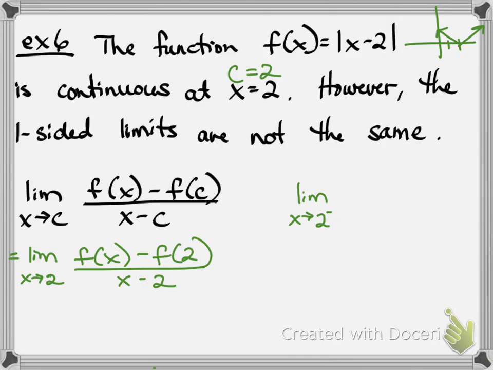So this f of x has 2 pieces. Since it's an absolute value graph, it's equal to x minus 2, let's leave it in bars.